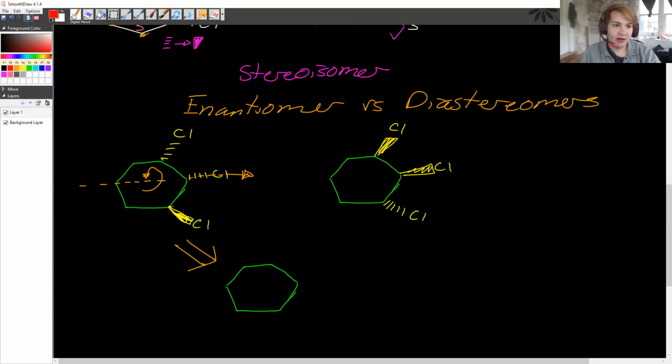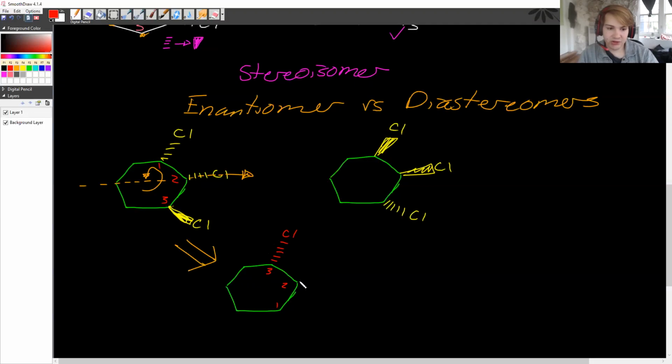In our imagination, if this is carbons 1, 2, and 3, then this should be 3, 2, and 1. So carbon 2 doesn't really move. We get dash, dash, dash chlorine, because carbon 3 is changing.